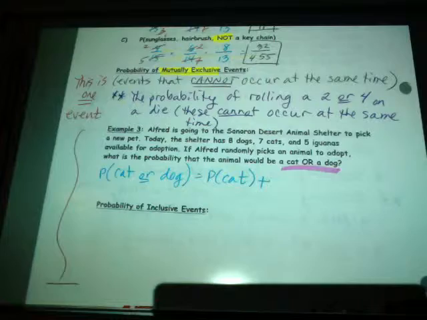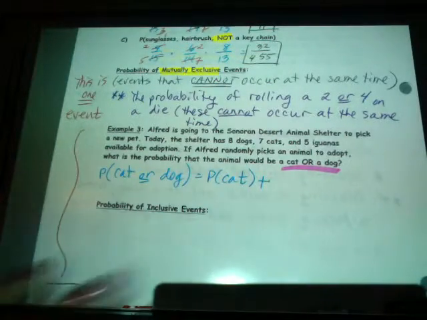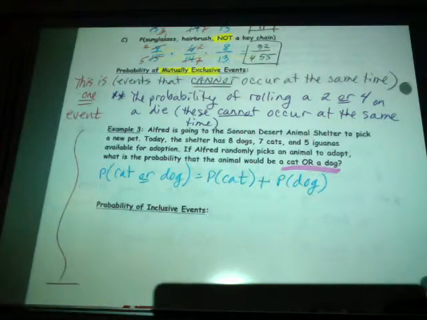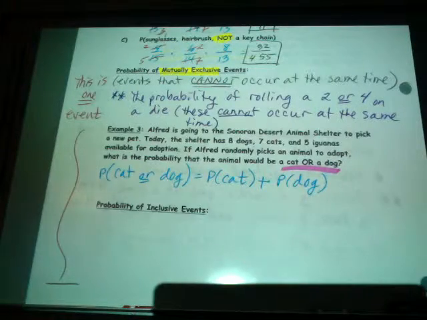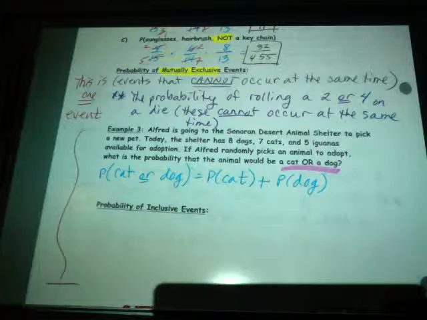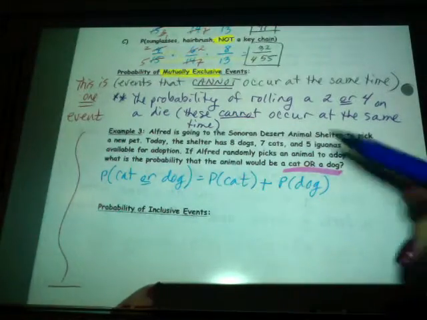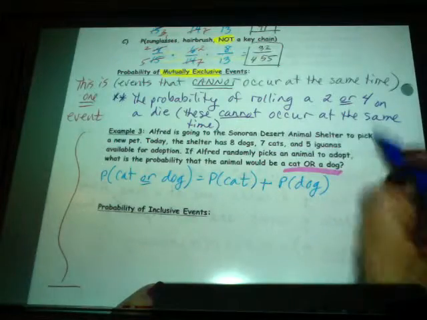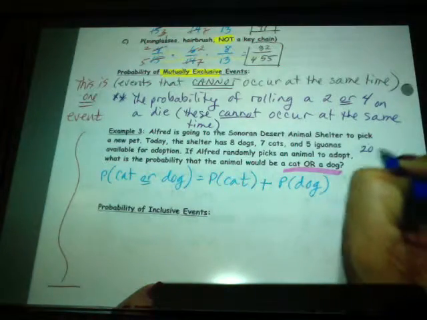If you have one event, we no longer multiply the probabilities together. We're going to add the probabilities together, and the probability of selecting a dog. So what is the probability that it would be a cat? First of all, how many total animals are there to choose from? So we've got 7 plus 5 is 12, plus 8 is what? So 20 animals total.